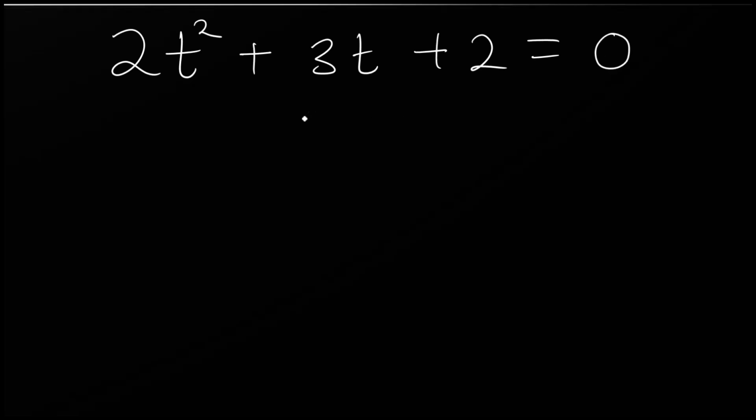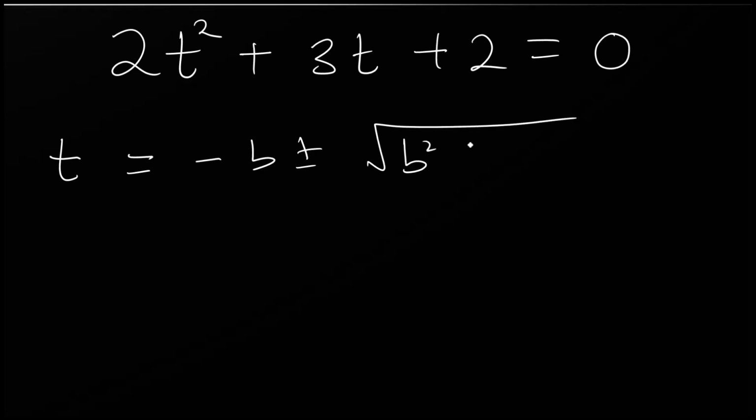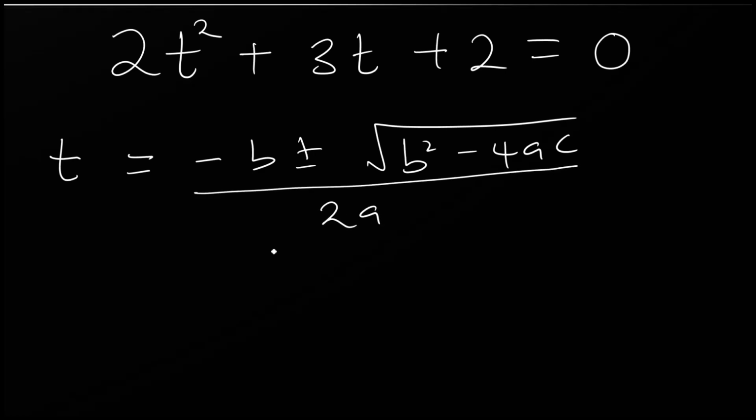Now from here, we can solve for t. Okay. Now let's use the almighty formula, t equals minus b plus or minus the square root of b squared minus 4ac, on 2a.